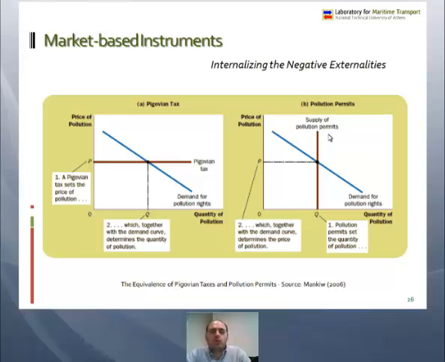So we have two ways of reducing emissions with the so-called market-based instruments. One is setting a tax, as you can see in here, and the other is by having this emissions trading scheme, having these pollution permits that allow you to emit 1 ton of CO2 per unit.